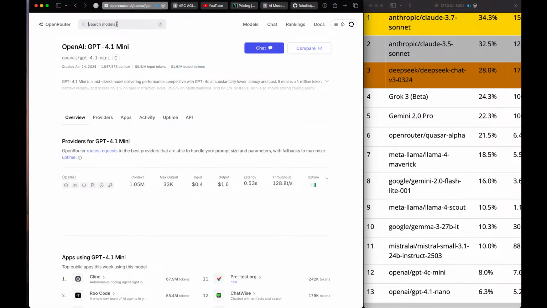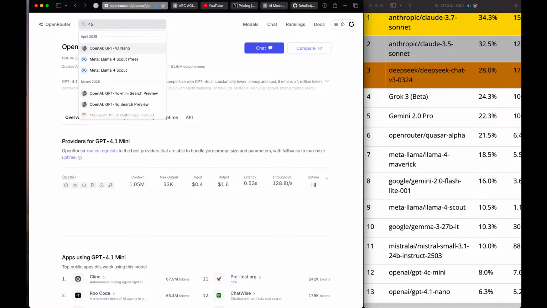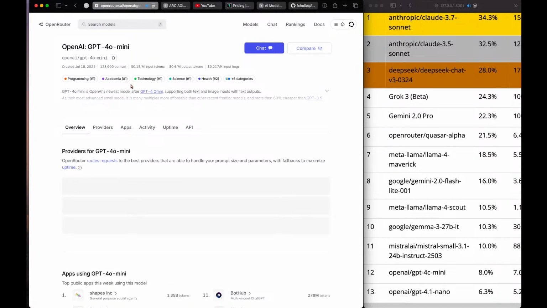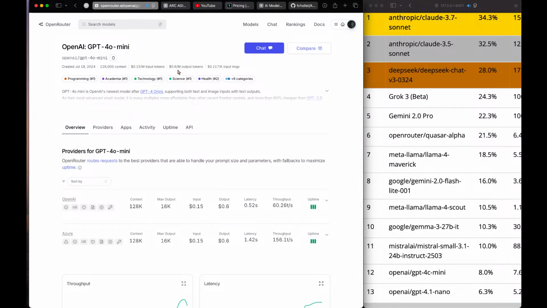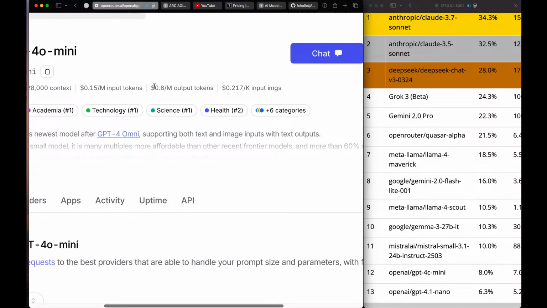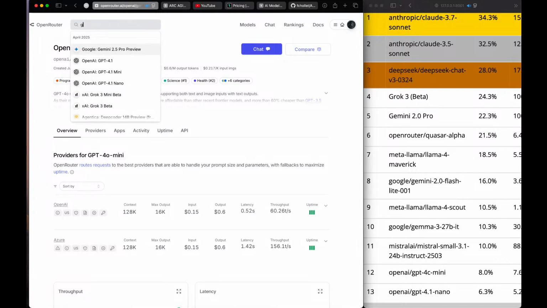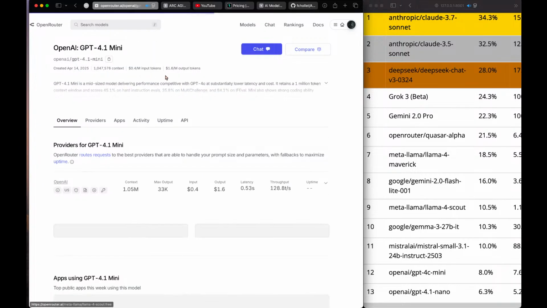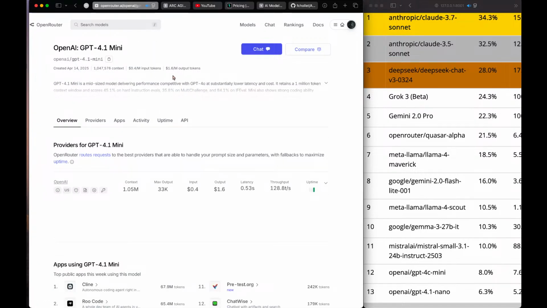What was the price of 4.0 mini? Okay, guys, 4.0 mini was actually cheaper than 4.1 mini. It's $0.6 per million output tokens and $0.15 per million input tokens. And 4.1 mini is more than twice, guys.